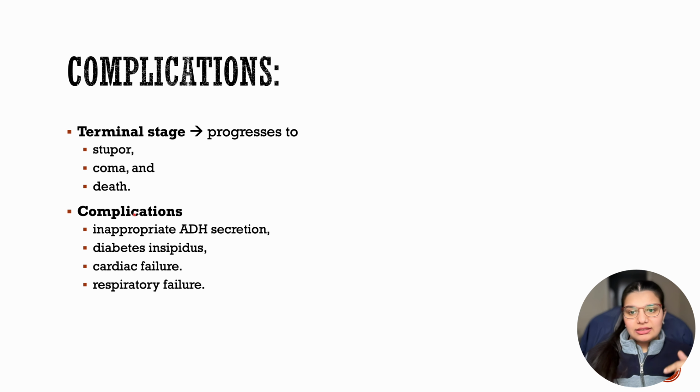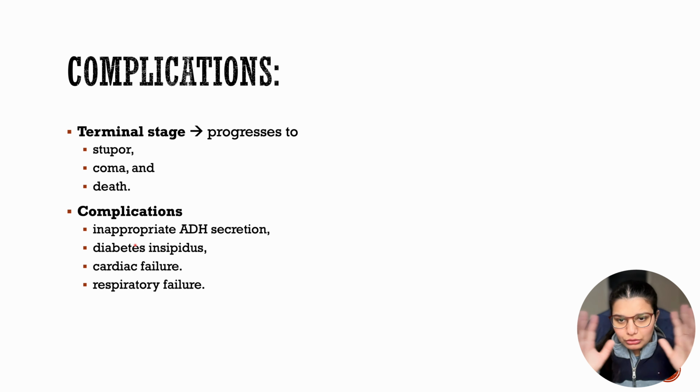It does have some complications, like inappropriate ADH secretion, diabetes insipidus, cardiac failure, and even respiratory failure because of rabies. So this is the whole overview of how rabies infection occurs. I'm from pathology, so of course I focused more on pathology, but this is just an overview of the general disease.